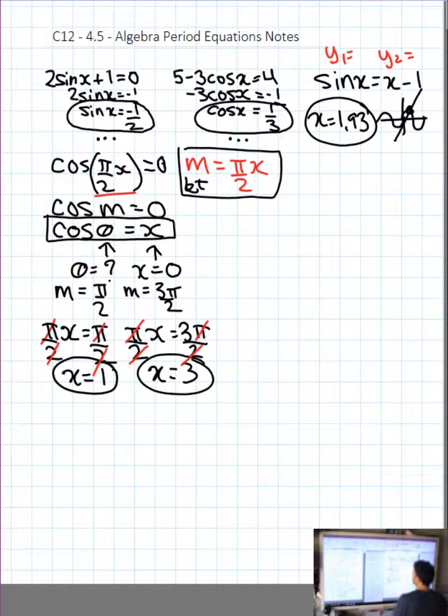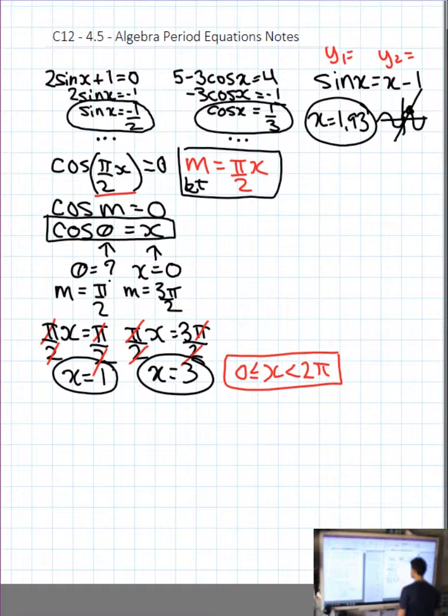Now let's just assume a domain that we usually use: 0 is less than or equal to x, from the original, less than 2 pi. A nice simple domain. We know that 2 pi is 6.28. So I need to find the period again. I'm just going to do that right above.